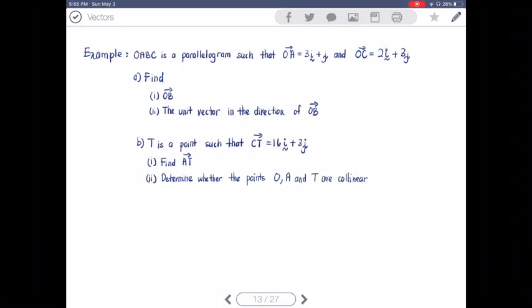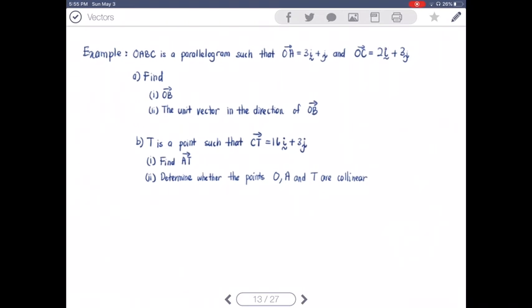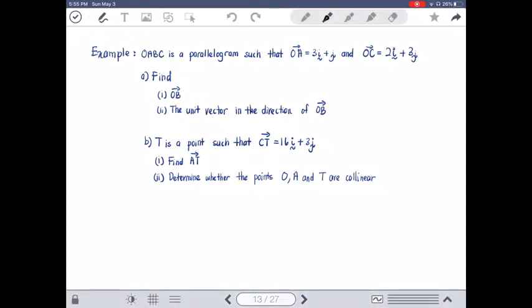For our next example, given that OABC is a parallelogram, such that OA is equal to 3i plus j and OC is equal to 2i plus 3j. So maybe we can just draw our parallelogram.